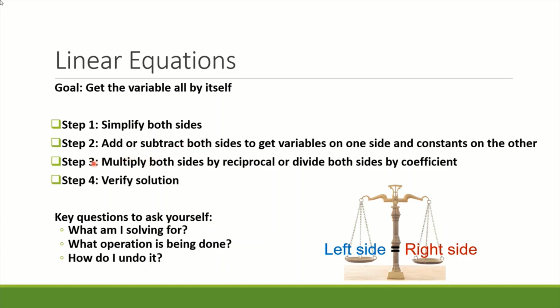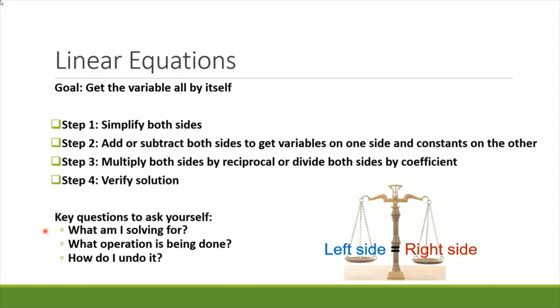And then step number 3 is multiply both sides by the reciprocal or divide both sides by the coefficient, because you want to get x all by itself, or whatever you're solving for. And then step 4 is kind of the optional step, and I would suggest when you verify your solution to verify using your calculator.